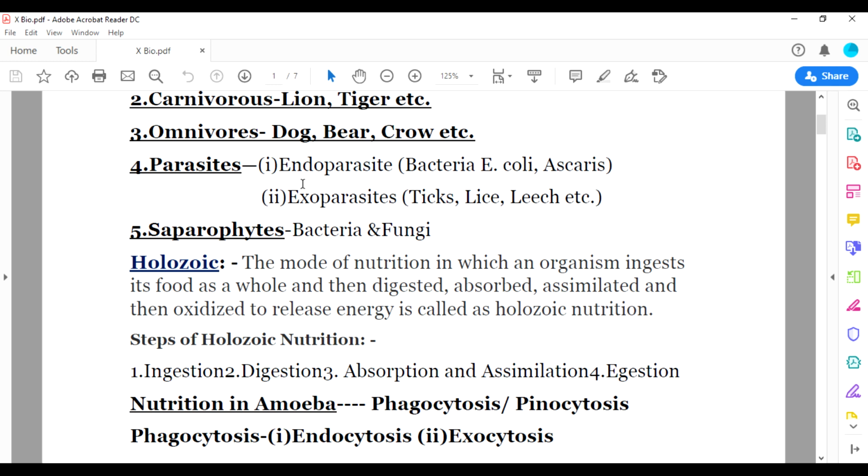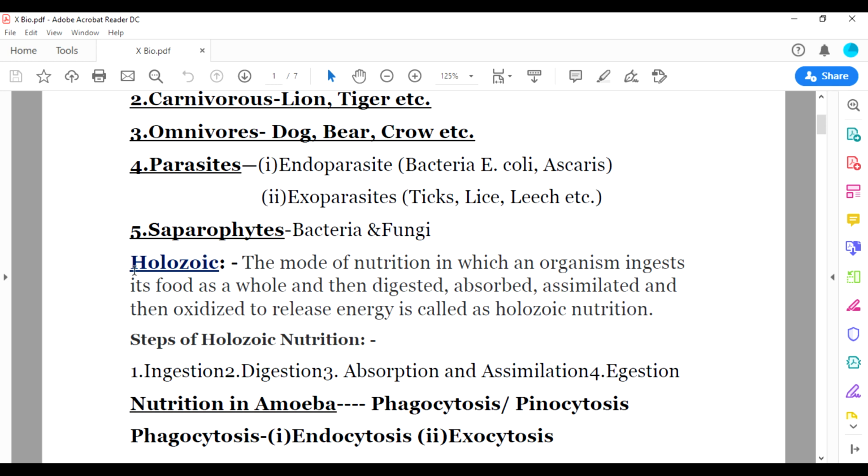All these animals show holozoic nutrition. What is meant by holozoic? Holo means whole. Zoic means animals. So those animals that ingest the food as a whole and digest the food completely are called holozoic animals.